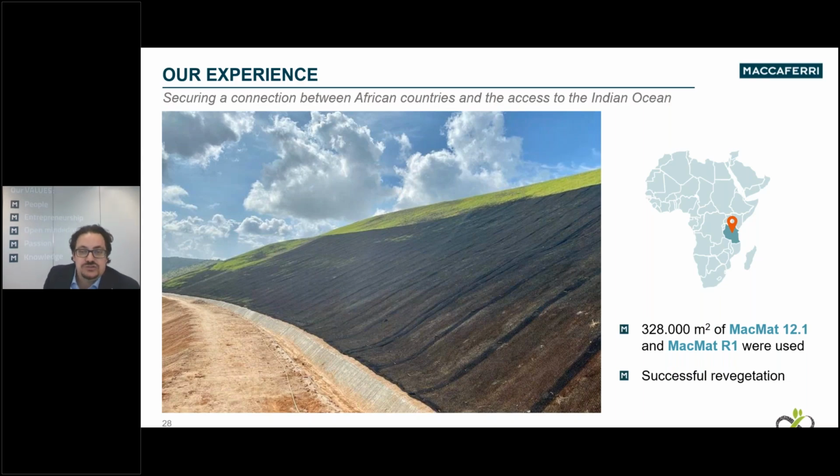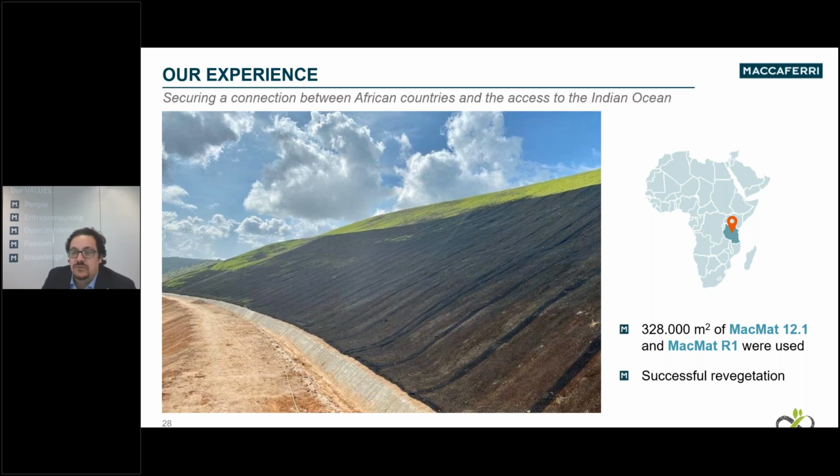Another huge project that I want to show you right now is about 328,000 square meters of MACCAFERI installed in Tanzania in a railway project. A huge railway track was built that connects all the countries in the center of Africa.